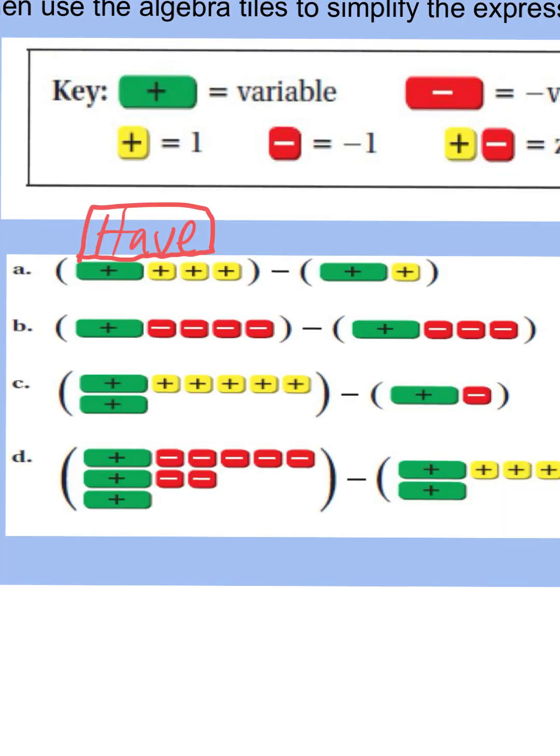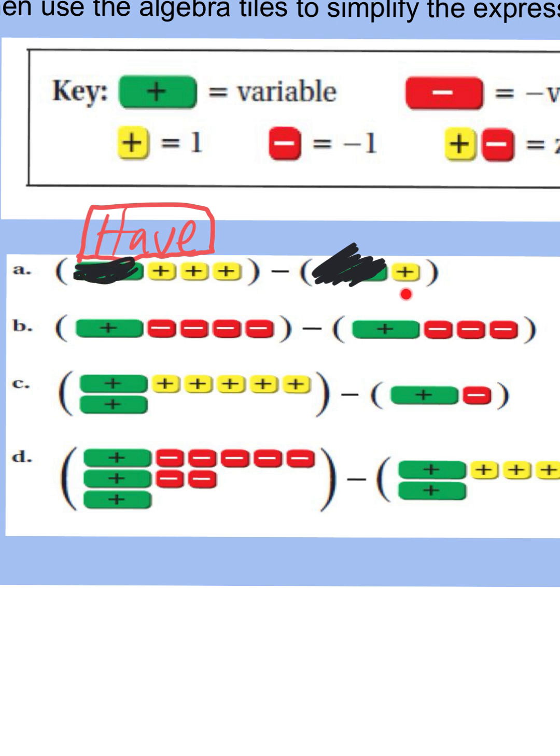Okay, let's start with the first one with algebra tiles. So we have 1x and 3 1s. We want to take away 1x and 1 1. So here's what we're going to do. We're going to take one of these from here, and I'm going to get rid of this because I'm doing it, and take one of those away from here.